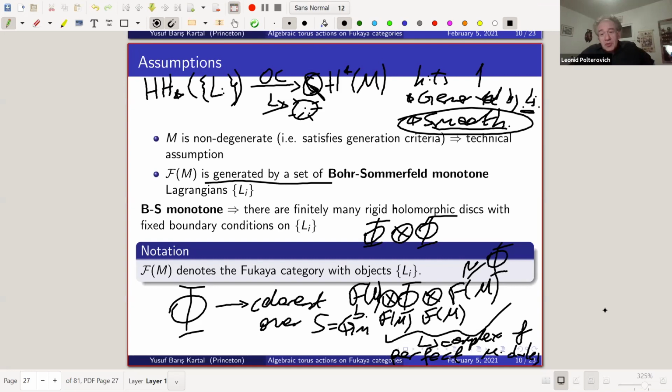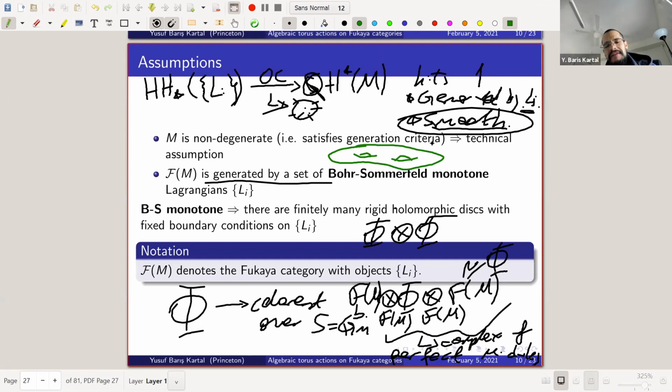If I remember correctly, this was in one of Ivan's papers, and I think Paul's paper also implies this generation. Just a quick thing, this Bohr-Sommerfeld monotone condition can be forced once the map from the cohomology of M to the cohomology of the Lagrangian is surjective.